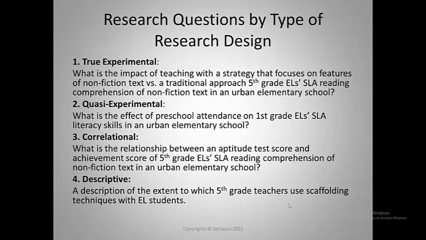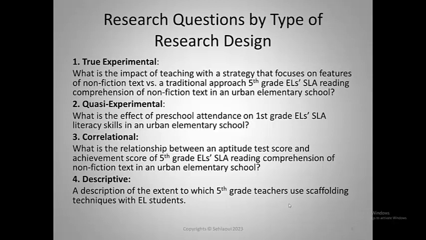Another quantitative research design would be the correlational type. In this case, a question that would go with that would be, what is the relationship between an aptitude test score and achievement score of 5th grade EL second language reading comprehension of nonfiction text in an urban elementary school?